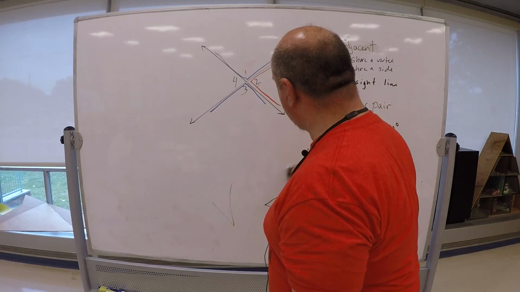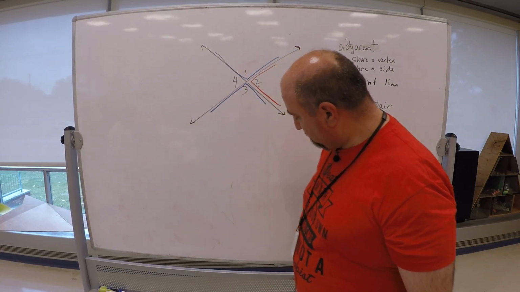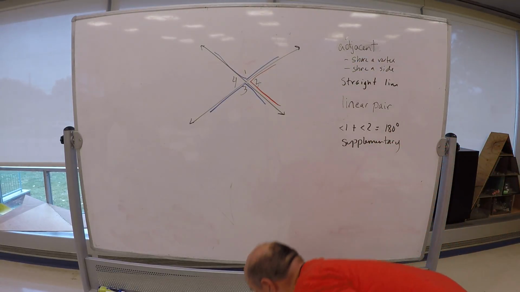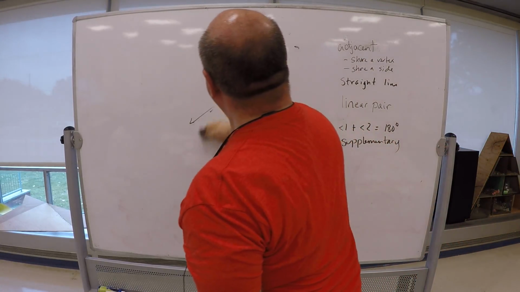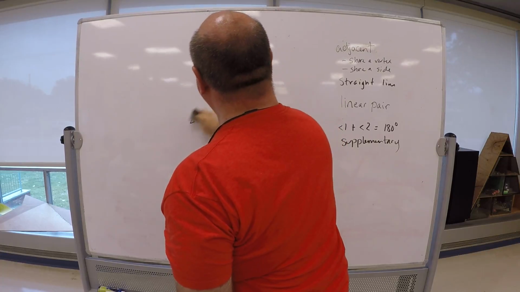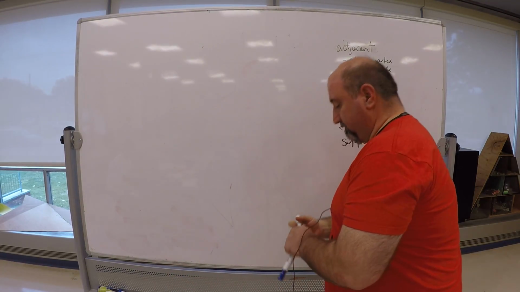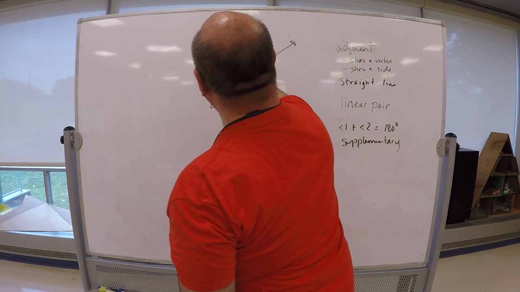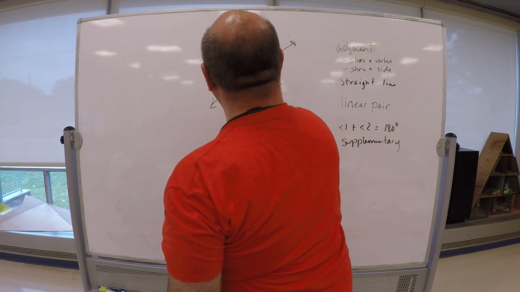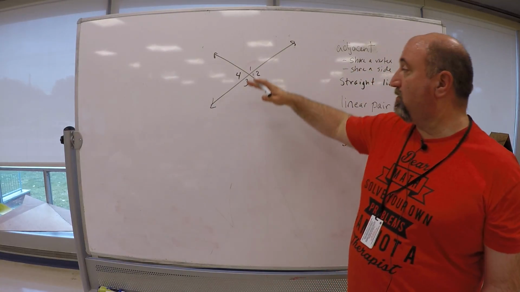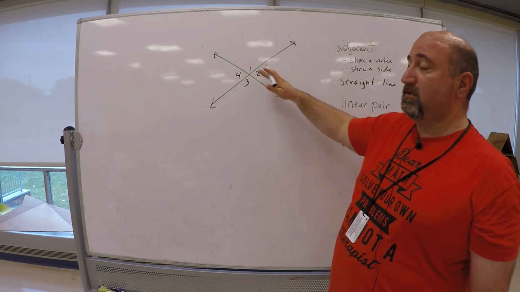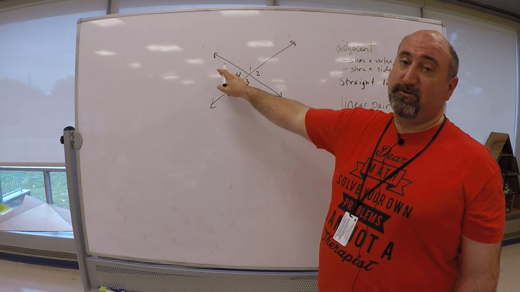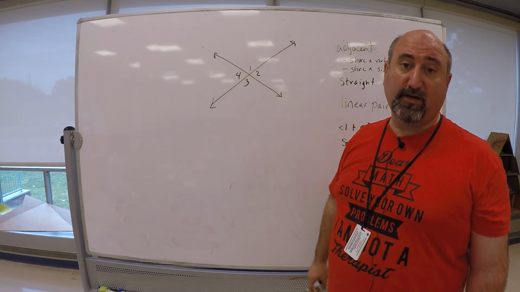When we look at our intersecting lines, we see right away that we have some linear pairs. I'm going to actually redo the drawing here since I wrote on the picture a little bit. So if you have intersecting lines, we mark them 1, 2, 3, and 4. You can see that 1 and 2 form a straight line, 2 and 3 form a straight line, 3 and 4 form a straight line, and 4 and 1 form a straight line.